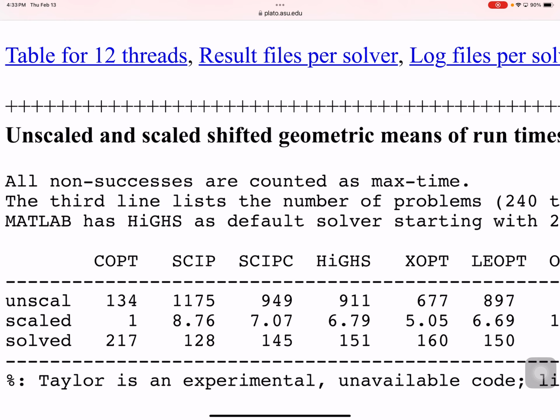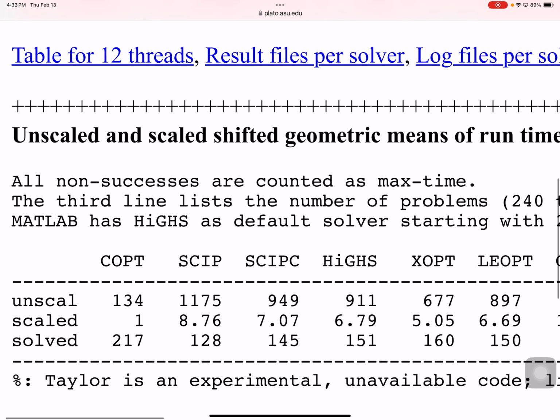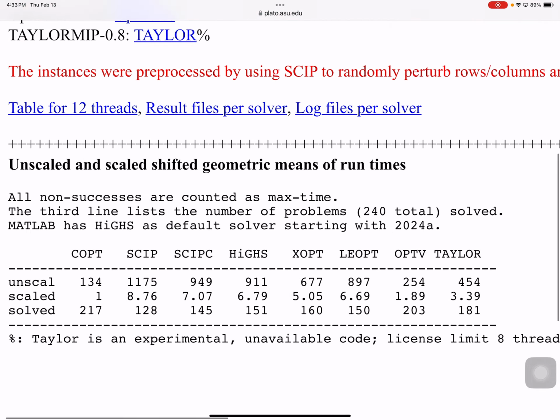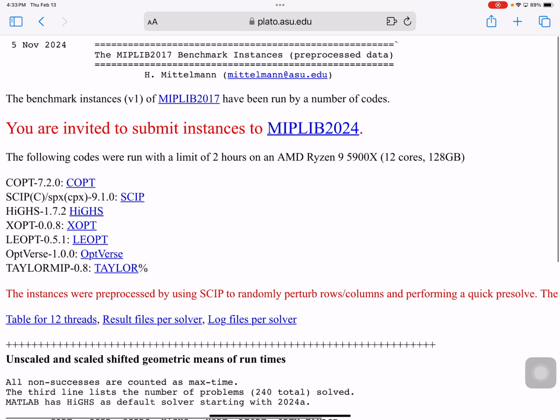If you look at the skewed ones, that means one is the best. So COpt is the best in this list. And then the third row is the number of instances solved by each solver within this library. The library is called Mixed Integer Programming Library 2024.